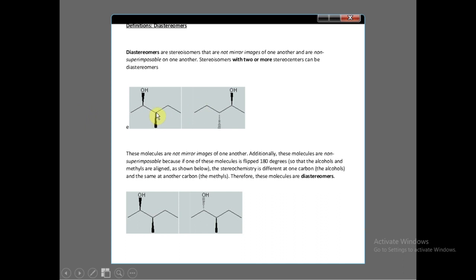So there are two criteria to determine whether this is an enantiomer or a diastereomer. For diastereomer, first of all, the image is not the mirror of its object. And second, both molecules are non-superimposable.